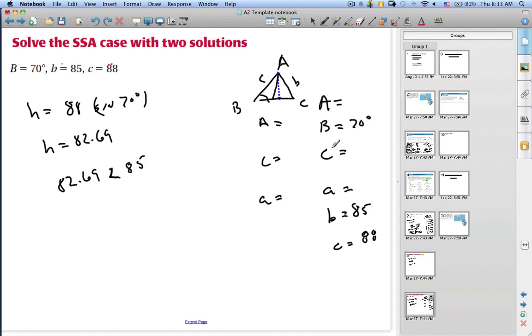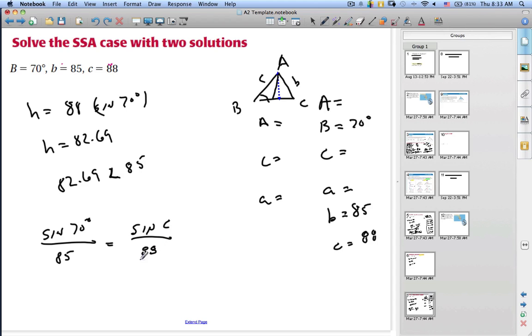If I'm going to start working here, what I find is that the angle that I can find first right now is angle C, because I have angle B, side B, and I have side C. That will let me find angle C. So I know that the sine of 70 degrees divided by 85 will be equal to the sine of angle C divided by 88.